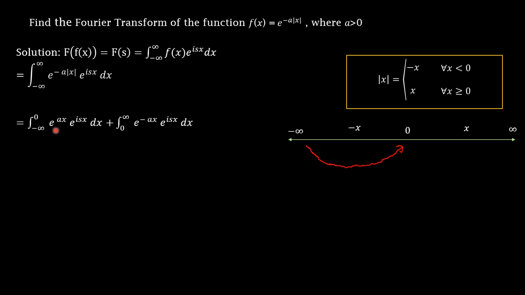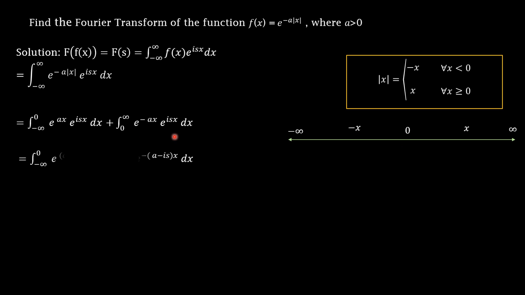So you are having just e to the power ax into e to the power isx dx, and in the plus integration 0 to infinity, in the interval 0 to infinity, modulus function is defined as x itself, isn't it? So the integrand is of the form e to the power minus ax into e to the power isx dx.